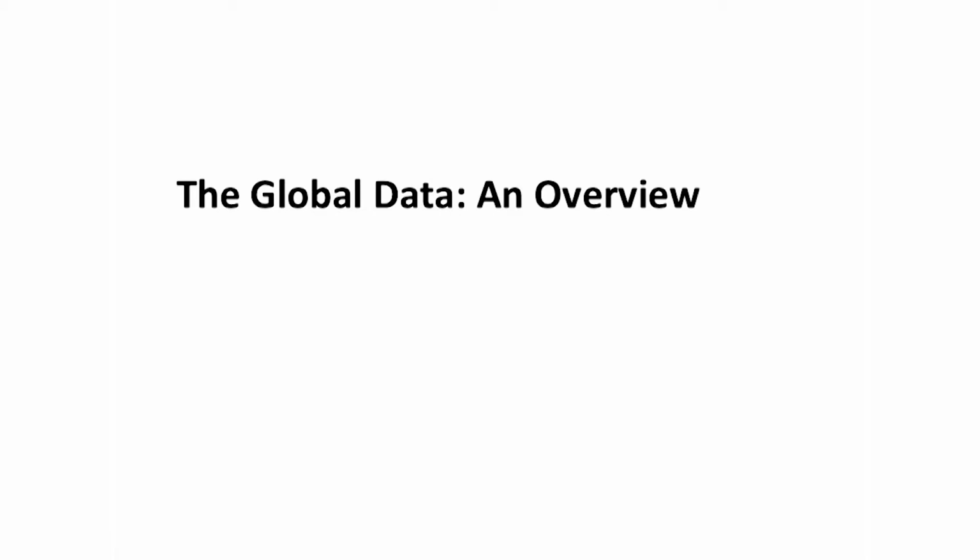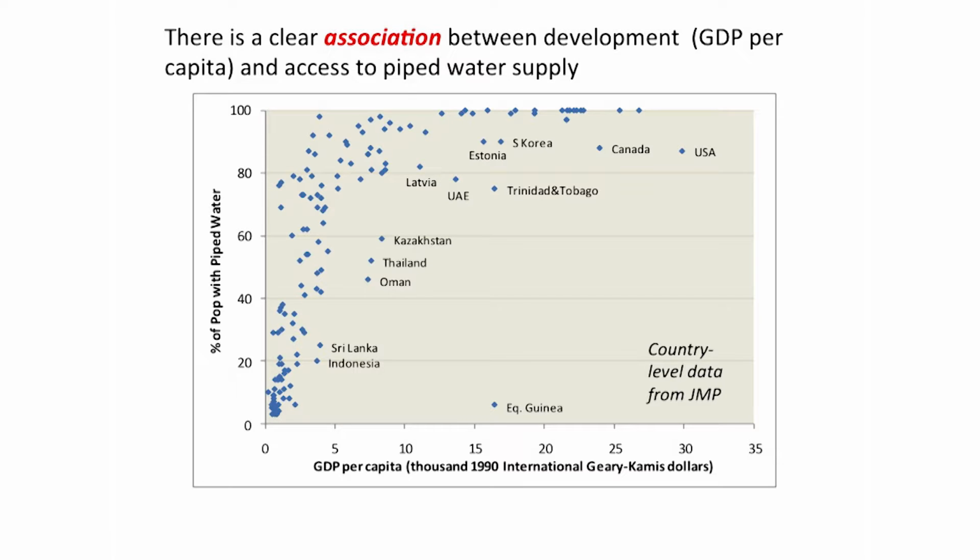So first, I want to give you an overview of some of the global data about these relationships. In this slide, you see that there's a clear association between development, or GDP per capita, and access to piped water supply. As GDP per capita goes up, coverage of piped water supply goes up dramatically.